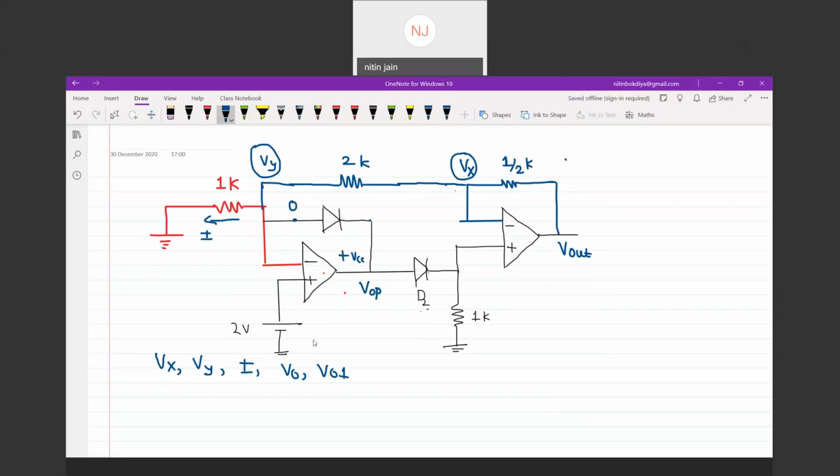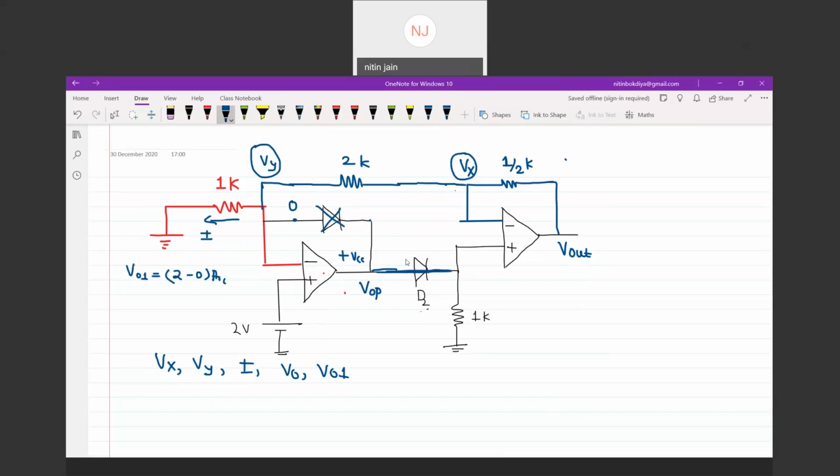For op-amp number 1, V plus is 2 volt, V minus is 0 volt, V plus minus V minus into AOL, so this is plus VCC. So for the given supply, this diode is not working, and for the given supply, this diode is working. So this is my total arrangement for the circuit. One diode is working, which is D2, and D1 is not working.